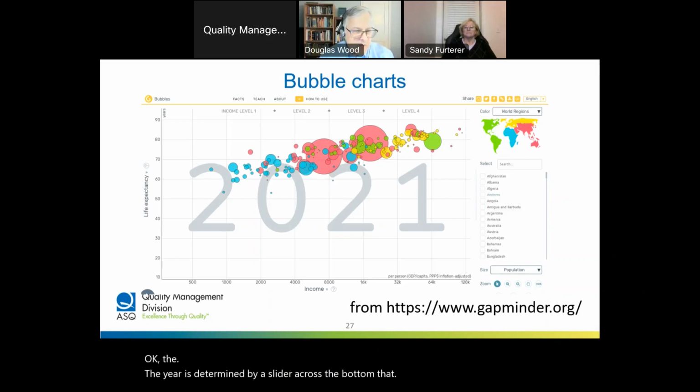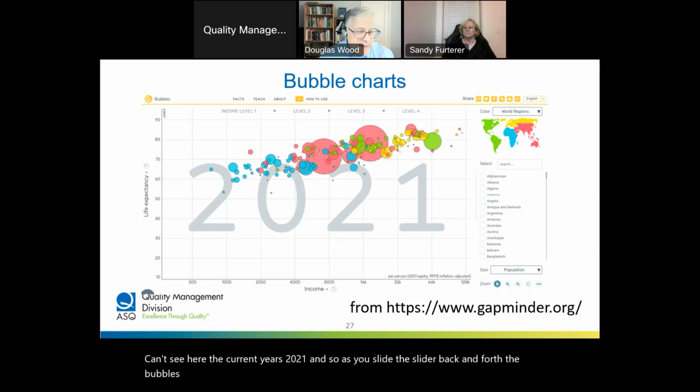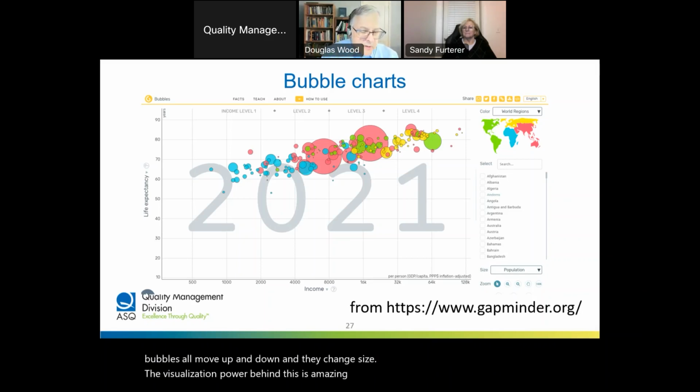The current year is 2021. And so as you slide the slider back and forth, the bubbles all move up and down and they change size. The visualization power behind this is amazing. Oh, besides that, the color of the bubble represents the continent that those countries are in. I bet you can guess what the two large red circles are, right?